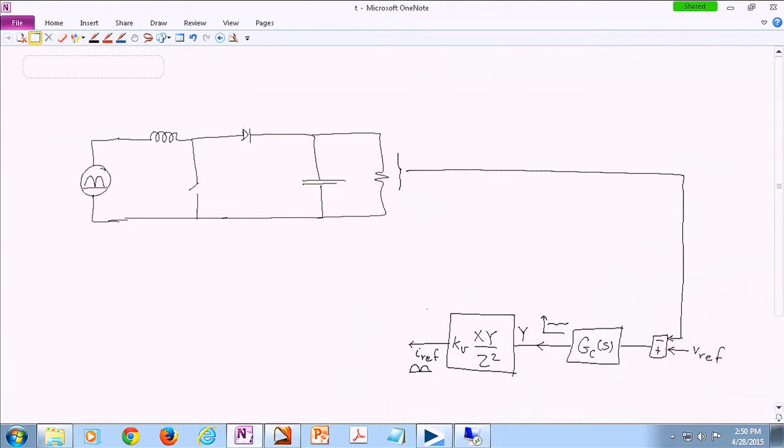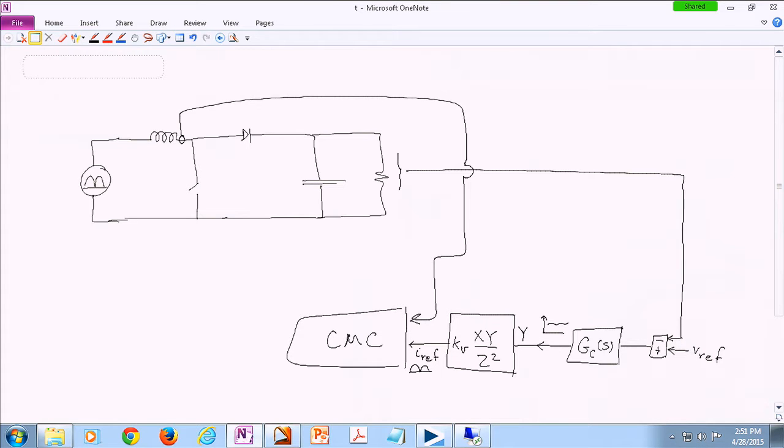And then this is our current mode controller, so we also need information about the inductor current. And then finally, it goes to the gate. Okay, so let's talk about these signals X, Y, and Z.